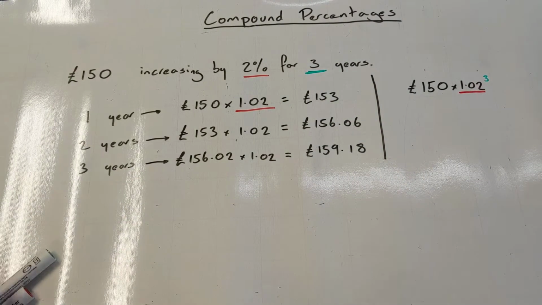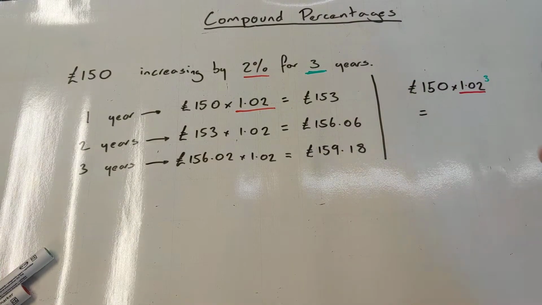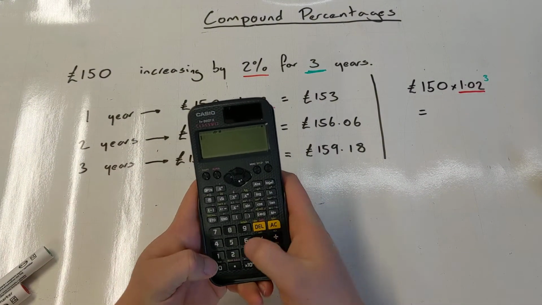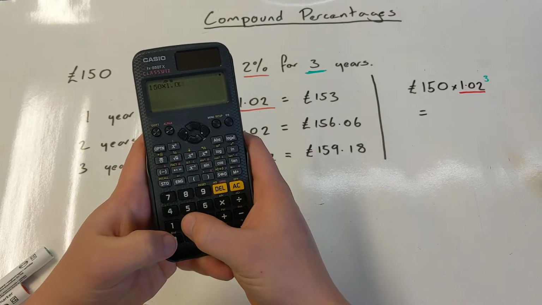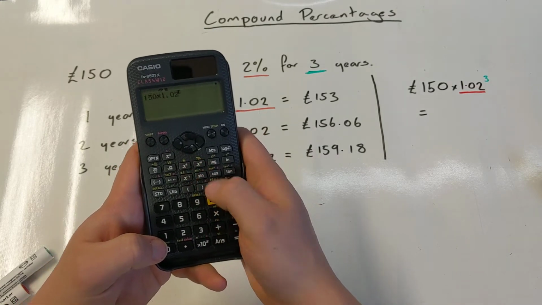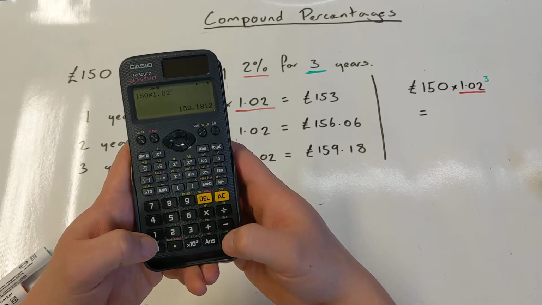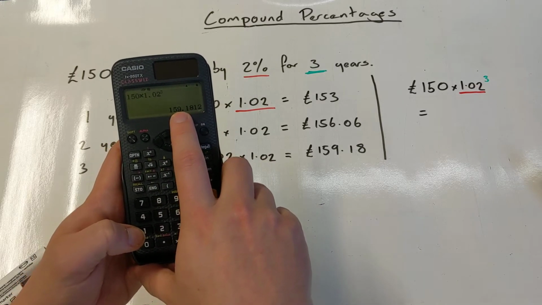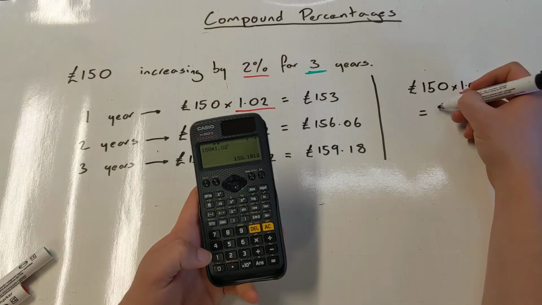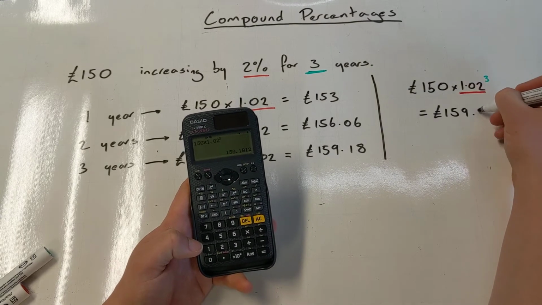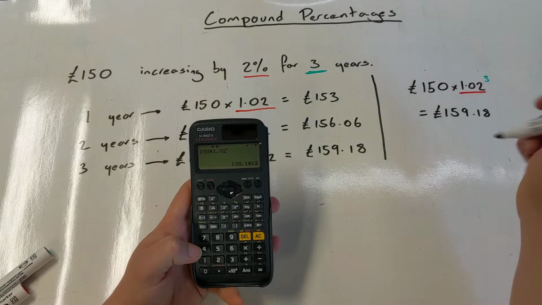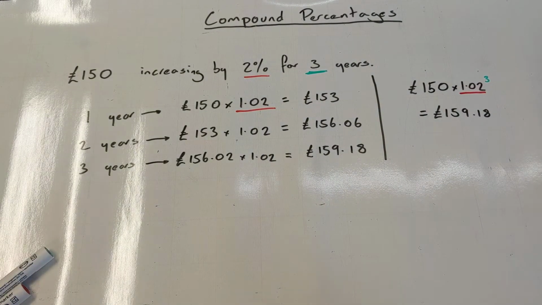So if we pop that on our calculators now, 150 times 1.02 to the power of 3, we get the same number as we got at the end here. We get 159.18, and that was so much quicker and easier.